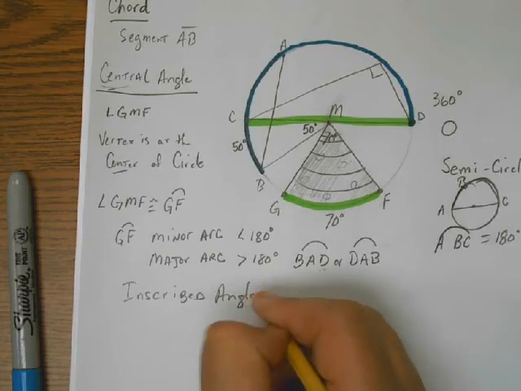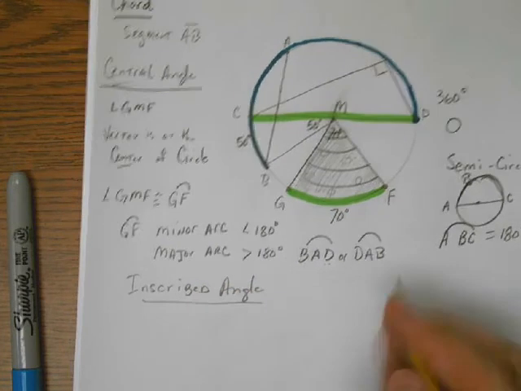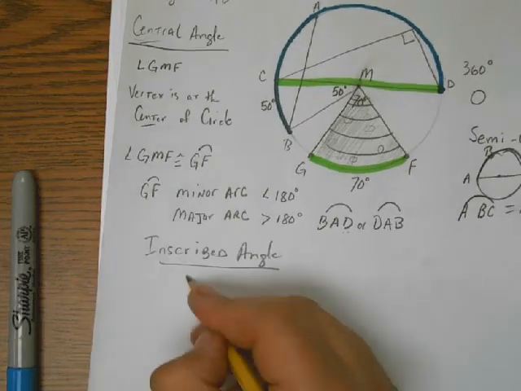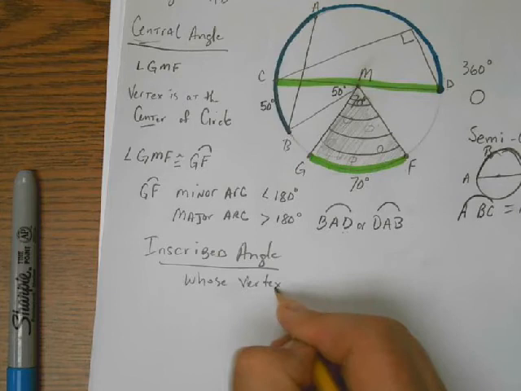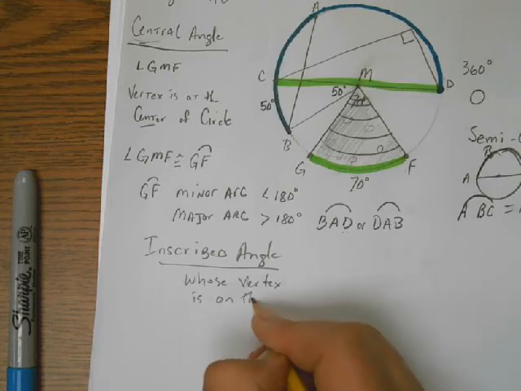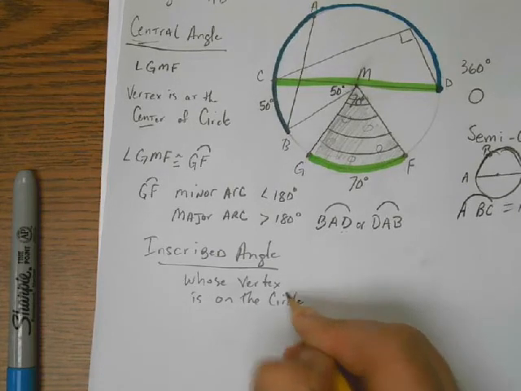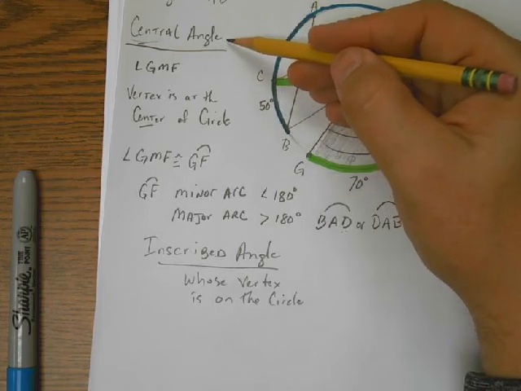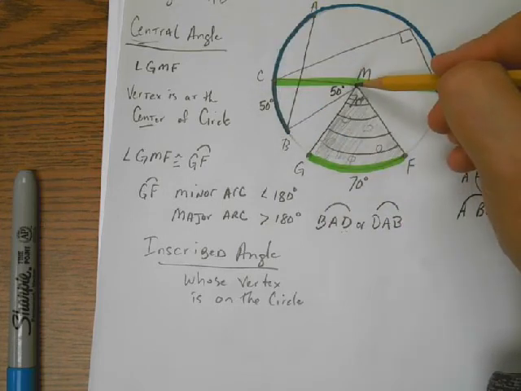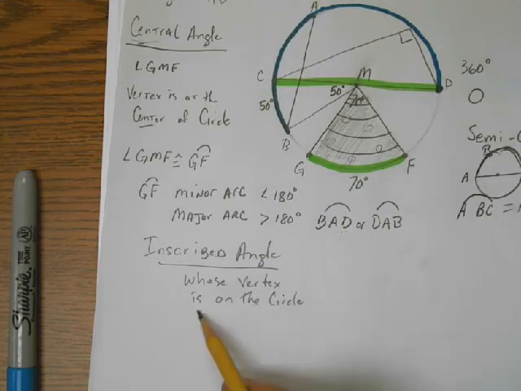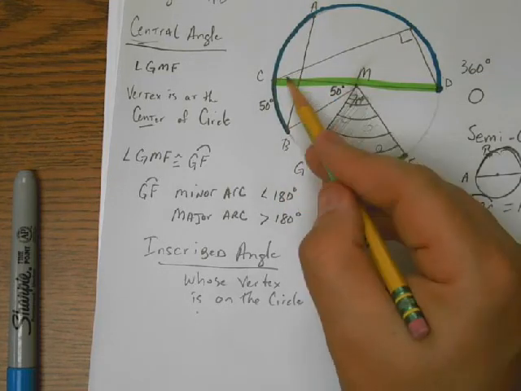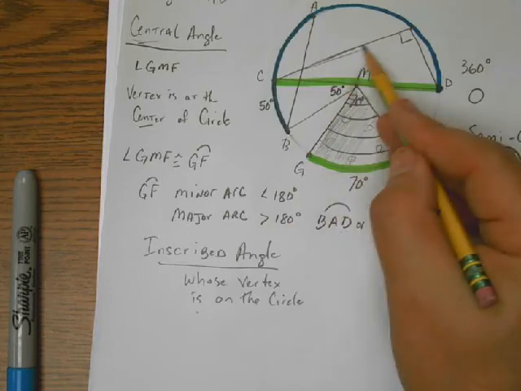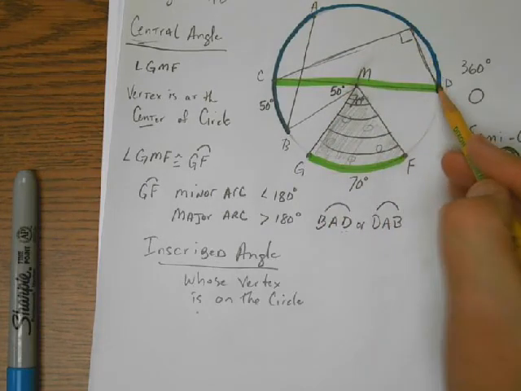I know I'm kind of jumping around, but an inscribed angle is an angle whose vertex is on the circle. So it's different than a central angle because that's at the center of the circle. So an inscribed angle is on the circle. So this is an example right here that I'm outlining of an inscribed angle.